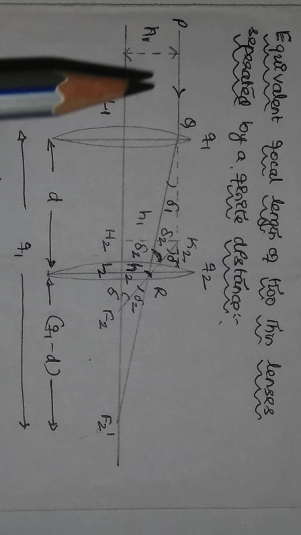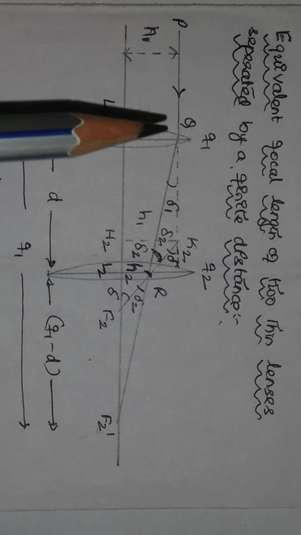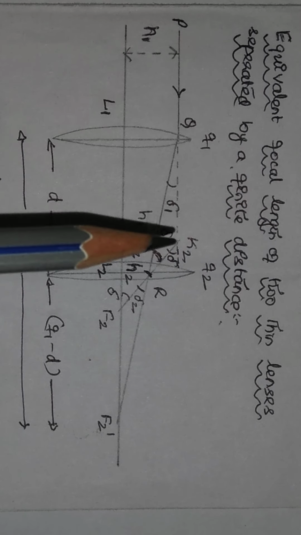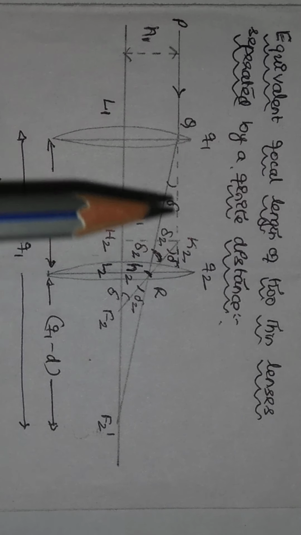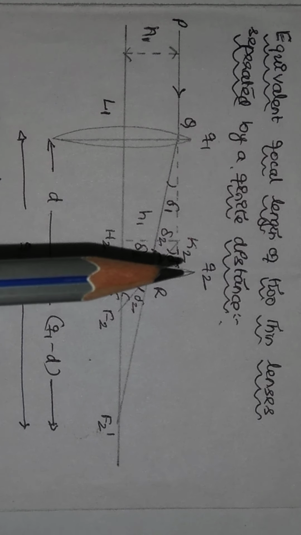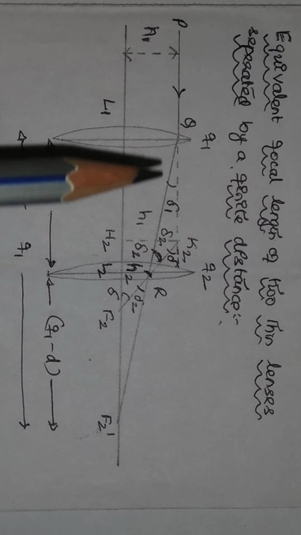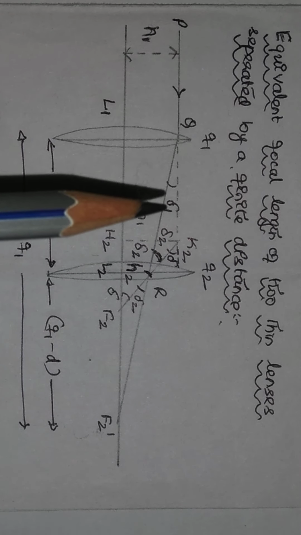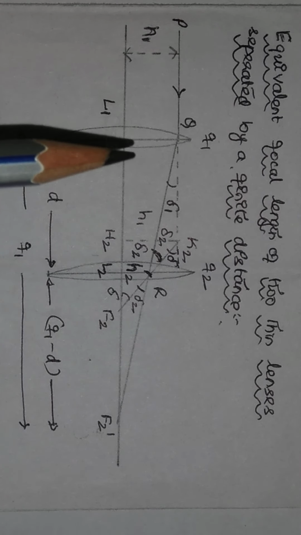In the absence of this lens, this ray remains undeviated and will pass along QK2. That means this is the undeviated ray in the absence of the lens, and this is the deviation produced by the ray after refraction through the lens L1.